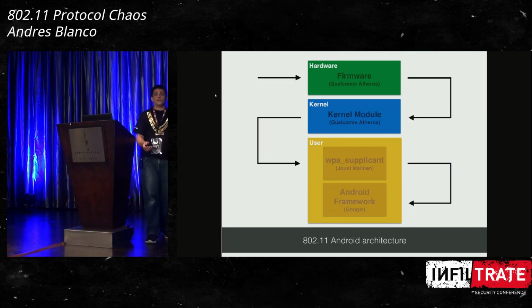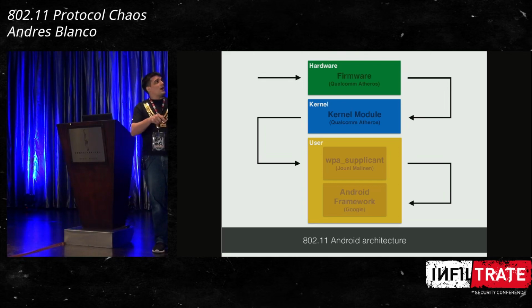So another interesting topic is the architecture, okay? When we talk about Wi-Fi, we usually think that everything is implemented in the driver, so everything is in the kernel. That is not true. This is an Android architecture, but in iOS we have something similar, and every platform has something similar to this.